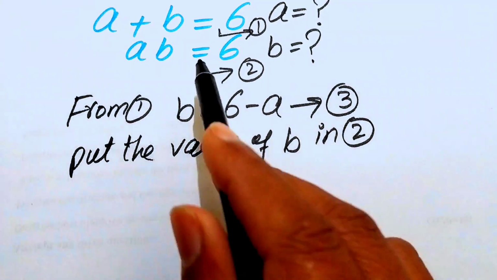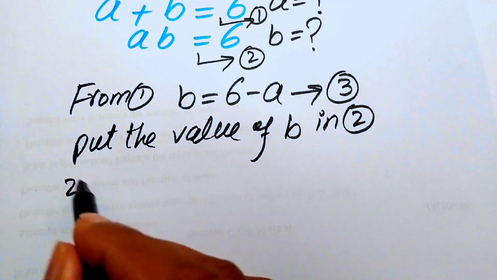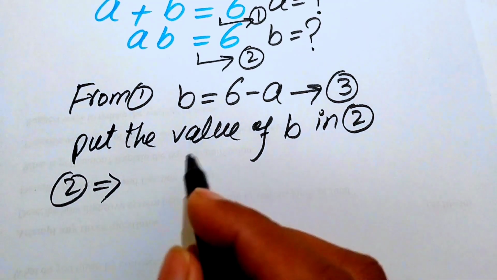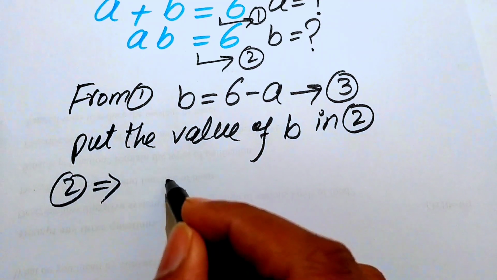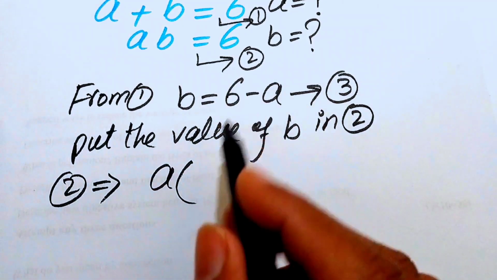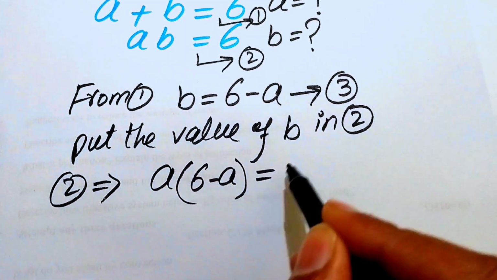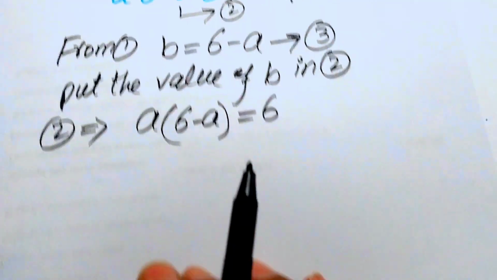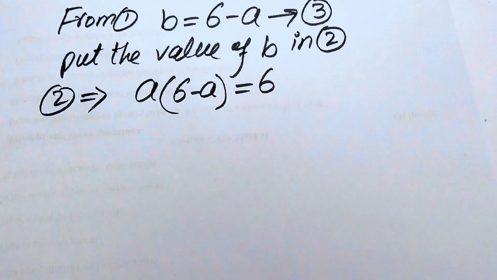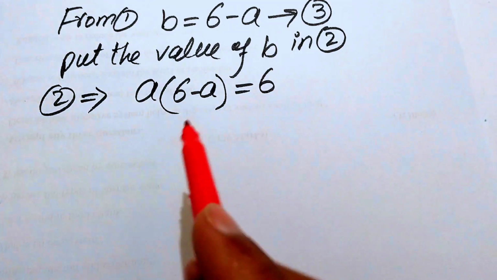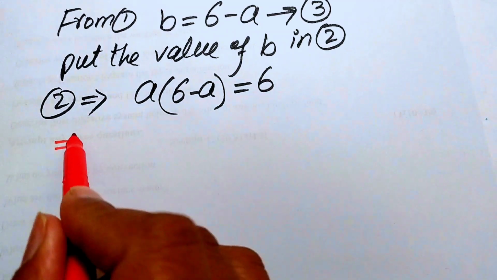So when you put this value in equation number 2, our equation number 2 implies that a times b, and our b equals 6 minus a, and this whole equals 6. So here we simplify this equation and convert it into the standard quadratic equation.